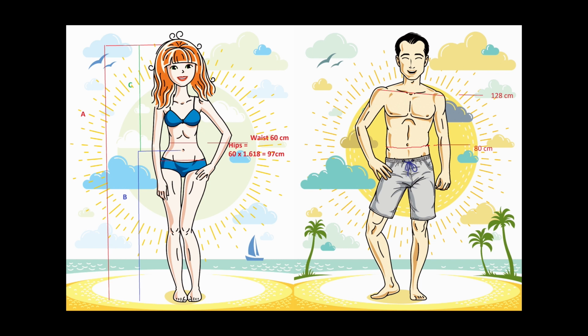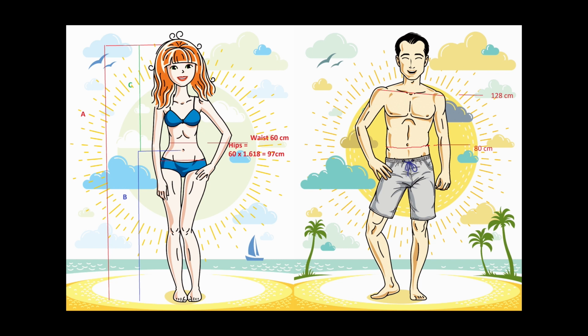And it also shows the golden ratio in relation to the height and where the navel is, where it's cut off there. So the relationship between A and B and C is the same relationship there with the height and where the navel is.